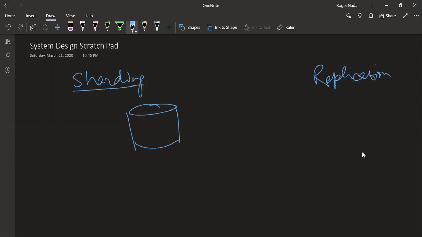If we can't hold the data, we will have smaller databases and just have the data distributed there. You can call it horizontal partitioning, right? Okay, that's one good approach.